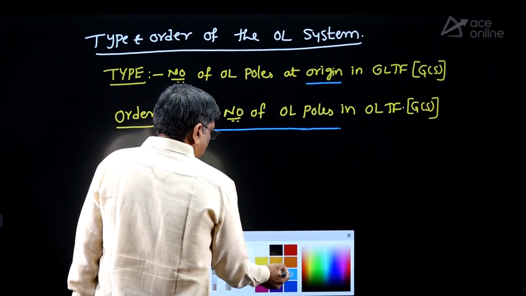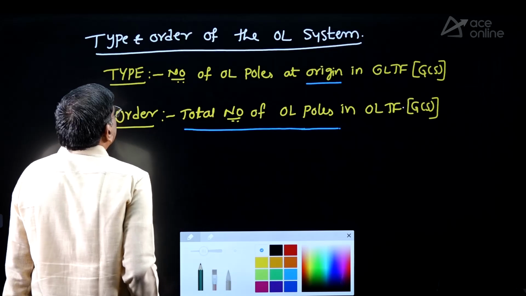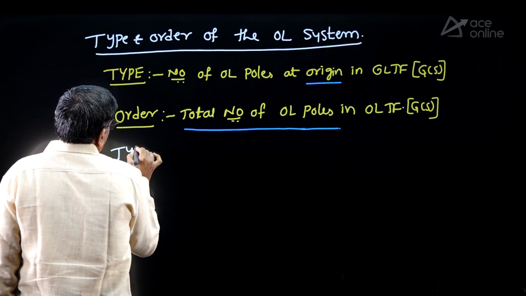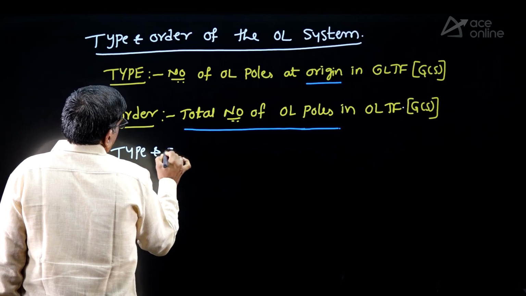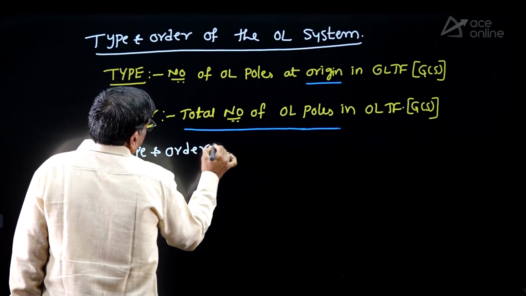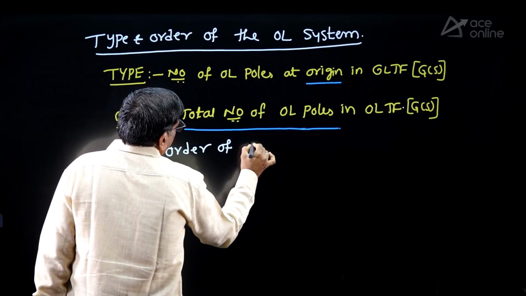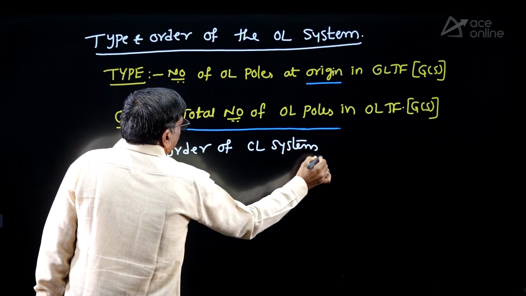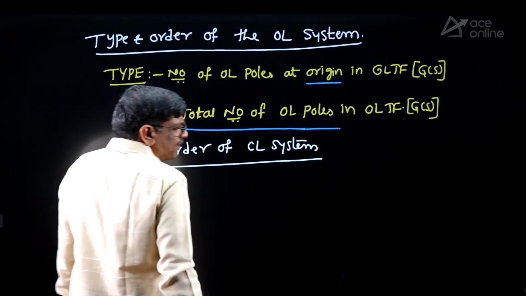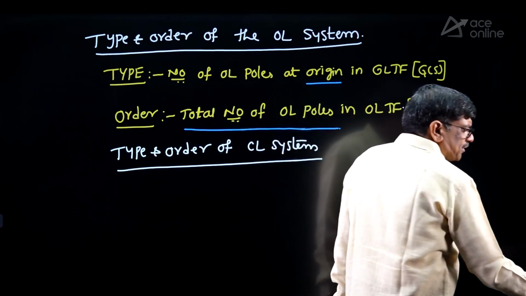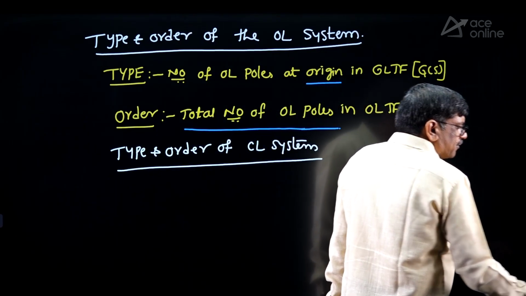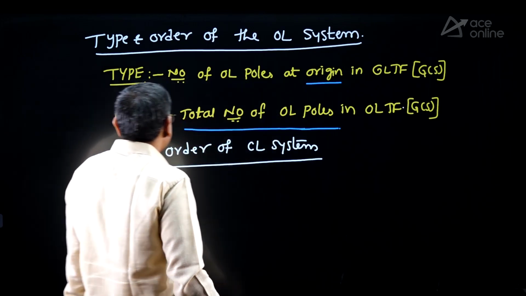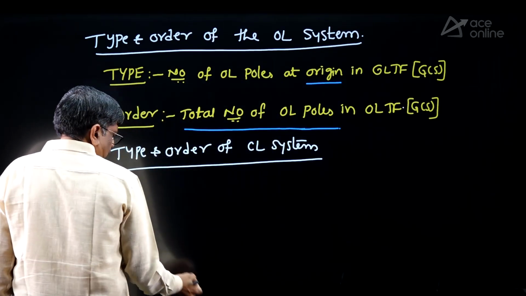When you come to the closed loop system, can anybody define the type and order of the closed loop system? What is the type?